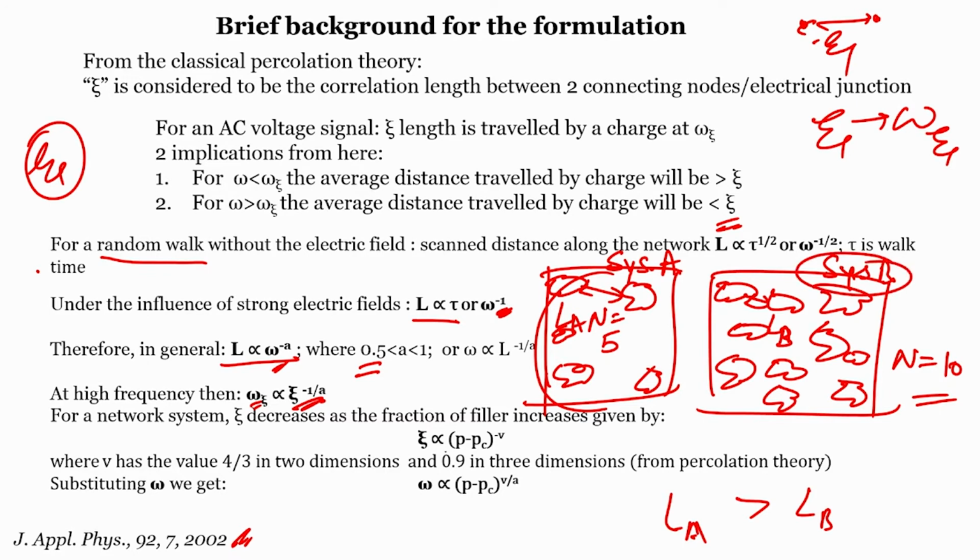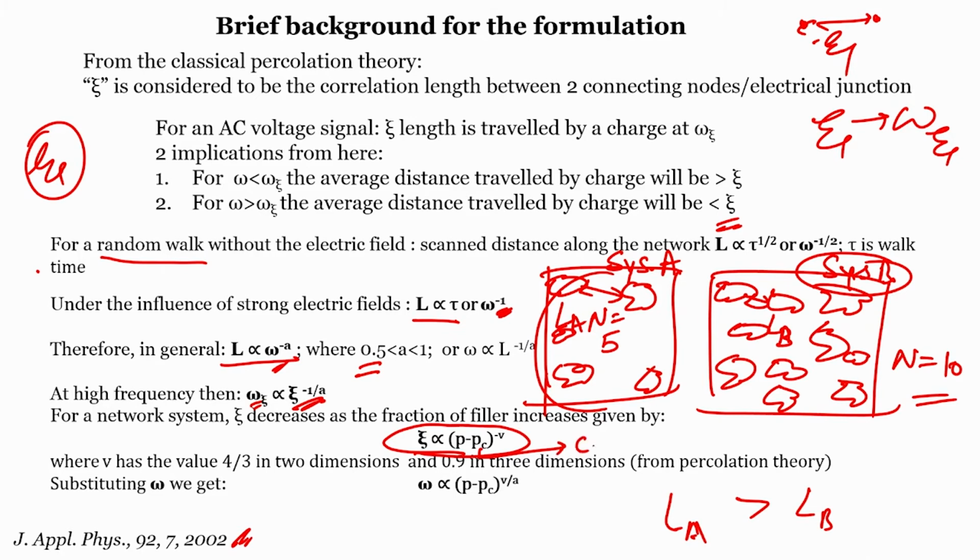And this is what is explained in this particular equation, that as the filler fraction increases, the correlation length decreases, and that decrease is given by this particular relation, where P and PC we have already discussed.